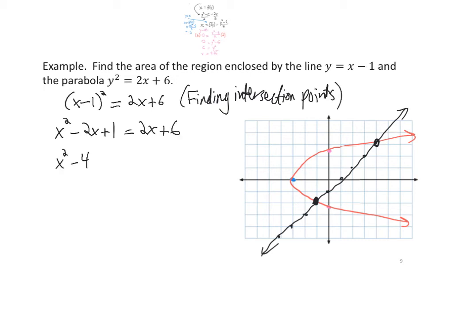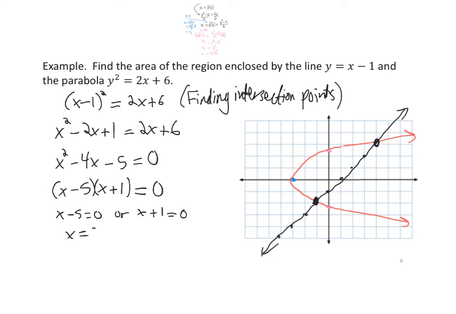If I gather everything together on one side, I have x squared minus 4x minus 5 equals 0, which I believe you can factor. I think if we do x minus 5 times x plus 1, we will get the solutions x equals 5, x equals negative 1.